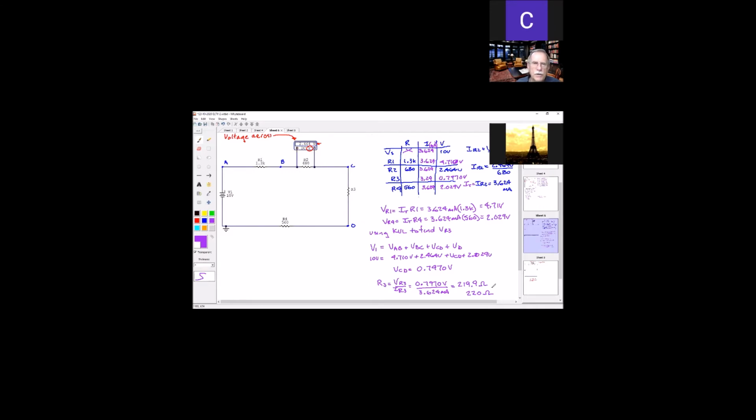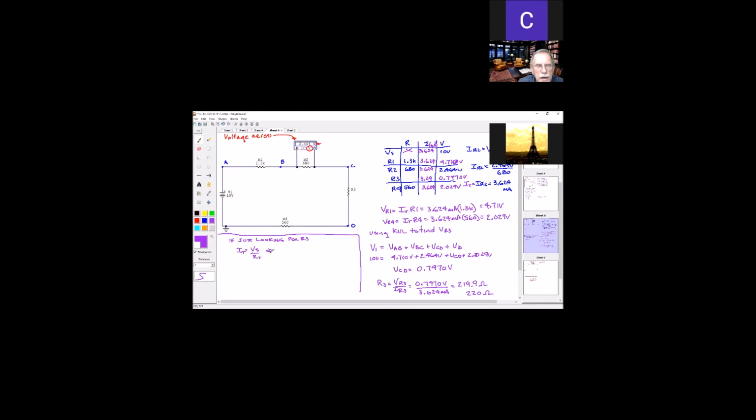The other way to solve it would have been to say, if all we wanted was R3, we could say that IT is the supply voltage divided by RT.